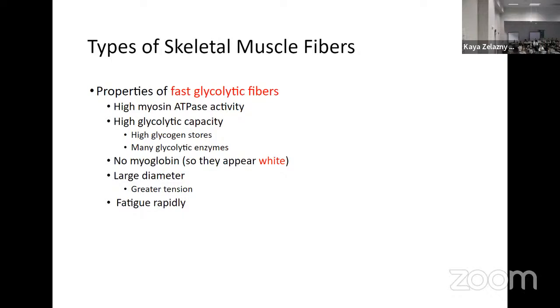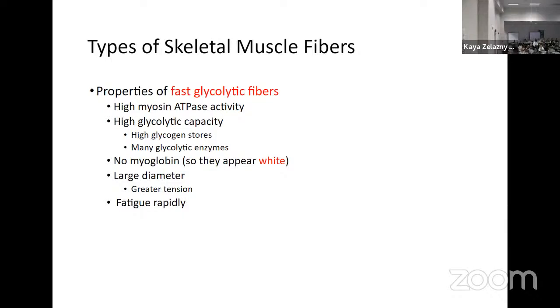So they don't have myoglobin, so they don't need to store oxygen because they're not using oxygen. So this makes them white in color. Okay. They have larger diameter because they don't need oxygen to diffuse into all those mitochondria.